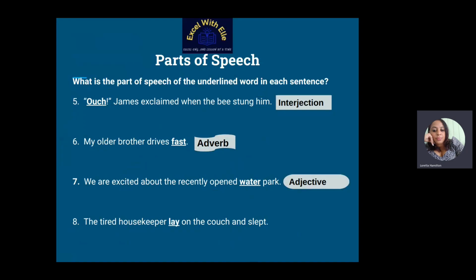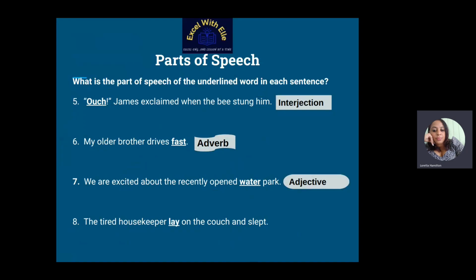And then number 8 says, the tired housekeeper lay on the couch and slept. So first decide on the function. So the function of the word lay is that it tells you what the subject of the sentence did.